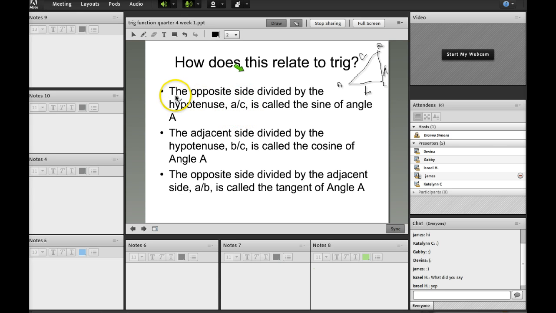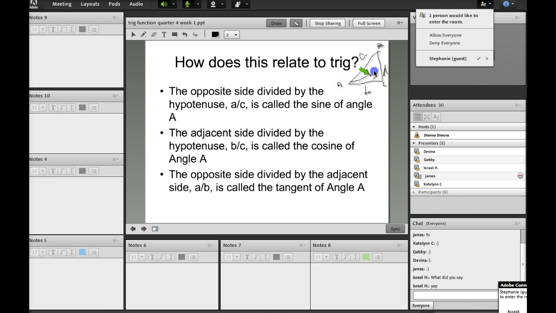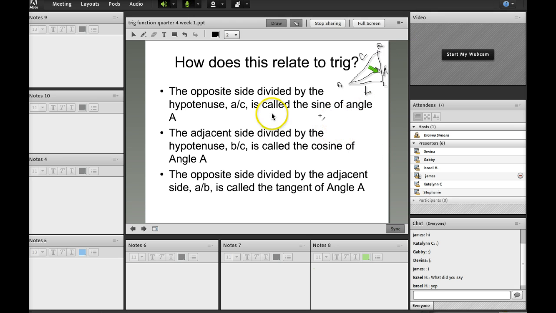So the opposite side divided by the hypotenuse. For angle A, the opposite side is that side directly opposite. So it's opposite divided by hypotenuse for angle A if you want the sine.